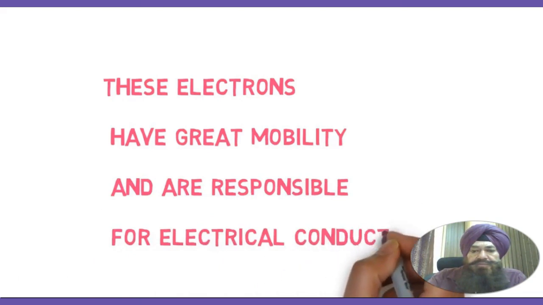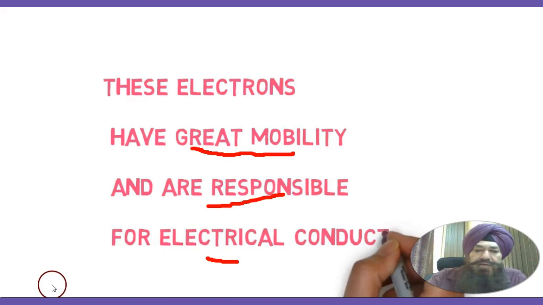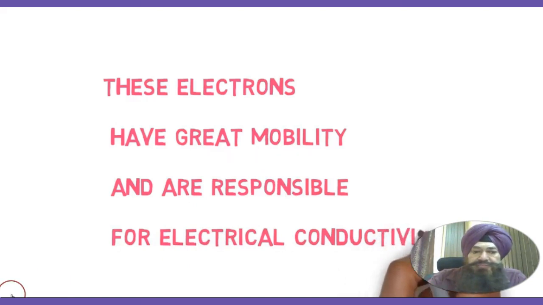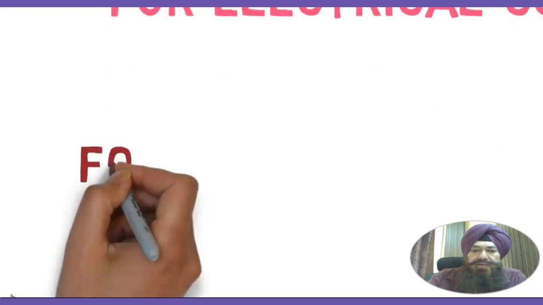When the electrons come into the conduction band, they have greater mobility and are responsible for conducting the current, for electrical conductivity.